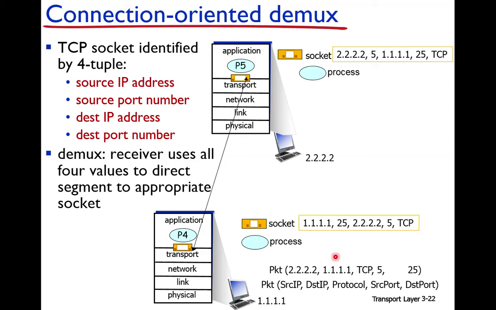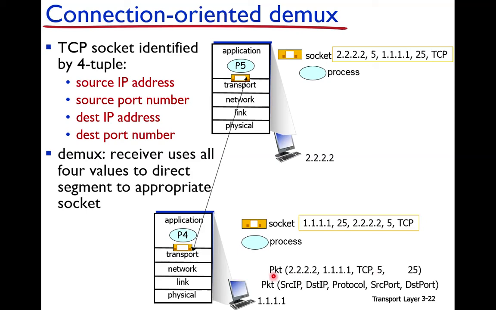The destination IP address is 1.1.1.1, which means the packet is for this machine, and this packet is received on this machine. Okay. The protocol is TCP. The source port number is 5 and the destination port number is 25.